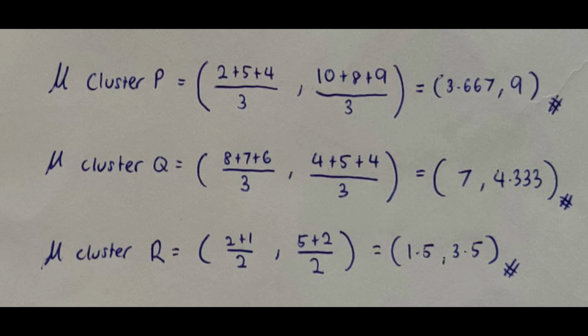So the new cluster center for cluster Q is (7, 4.333), and the calculation for centroid mean R is 2 plus 1 divided by 2 for x-axis, and 5 plus 2 divided by 2 for y-axis, and the new cluster center for cluster R is (1.5, 3.5).